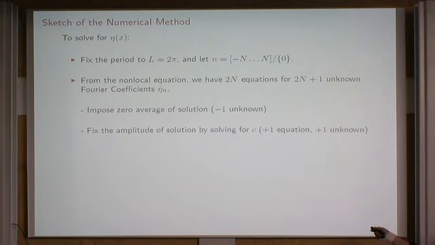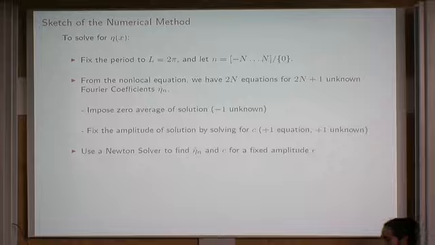And I will need to solve for, let's say, capital F. The wave speed C and F are related, of course. So if I fix the amplitude, that's one more equation for this additional unknown F or C, the wave speed. Use a Newton solver. So I'll pick a good starting guess for a solution. I'll improve upon it using Newton's method.